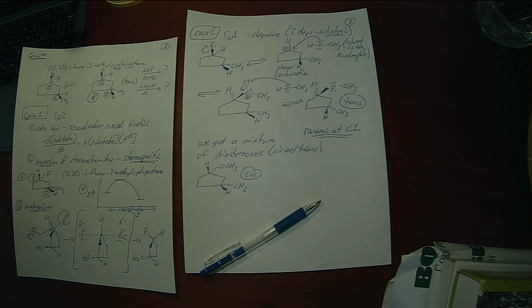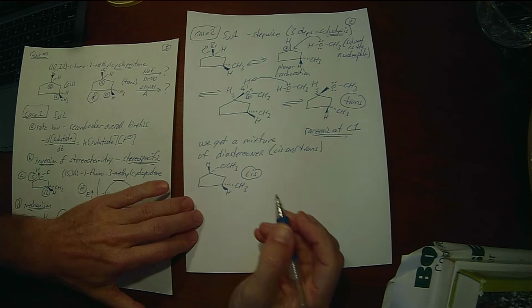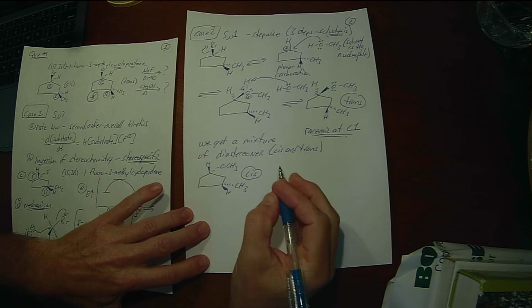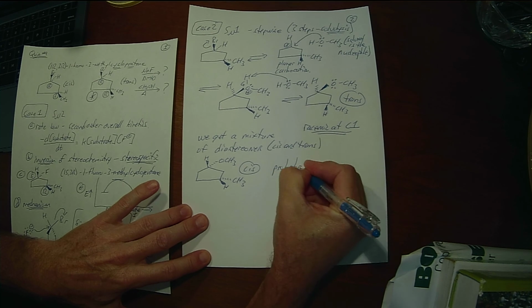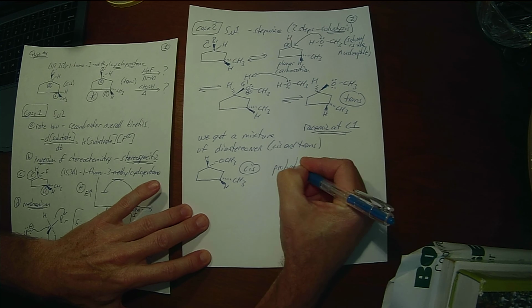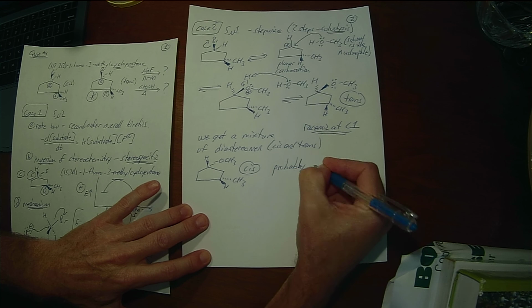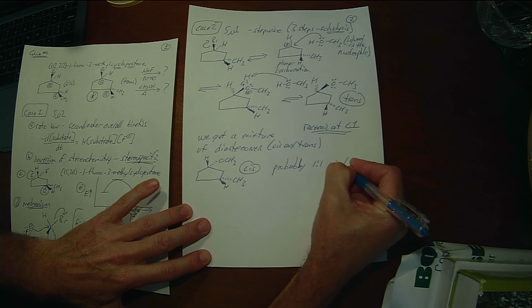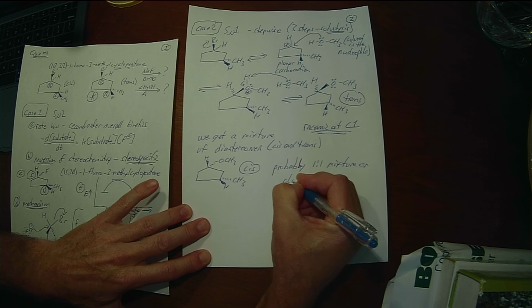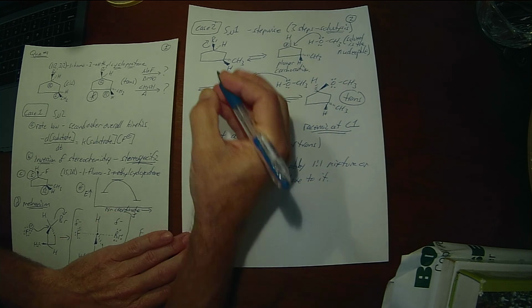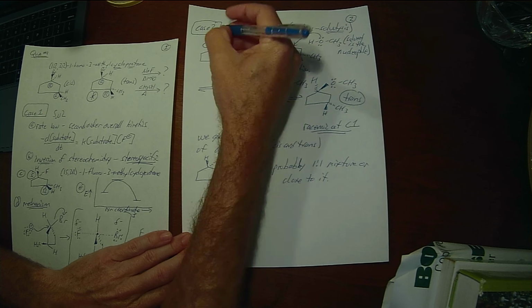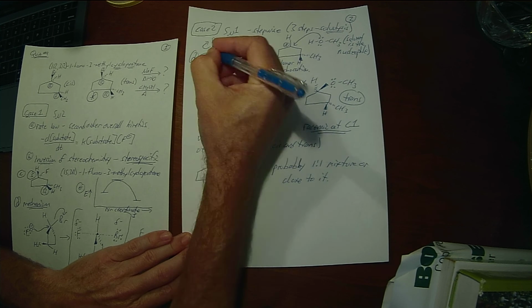And we probably get those in very close to a 1-to-1 mixture because this additional stereocenter here is not close enough that it's likely to have a large effect. Right. So that was part D if I'm going by the previous one, right? That's the mechanism.